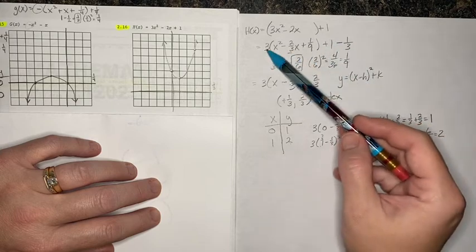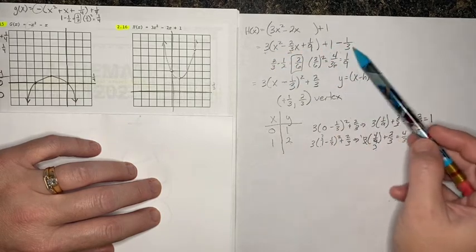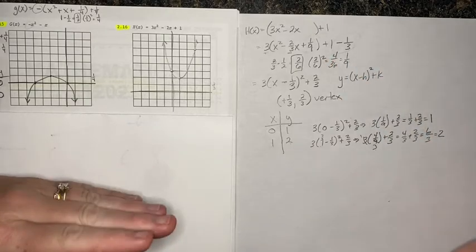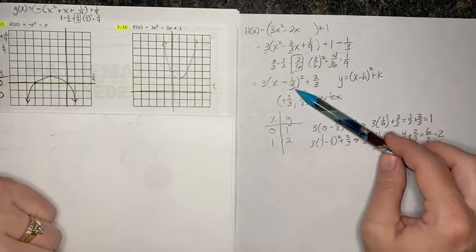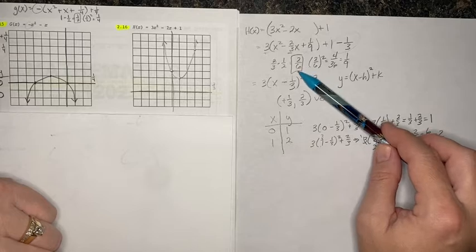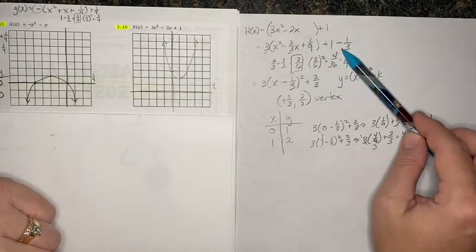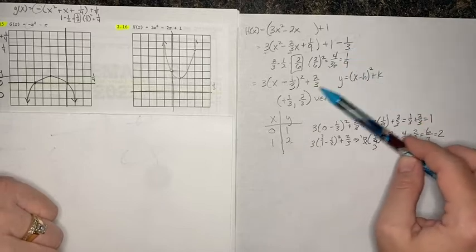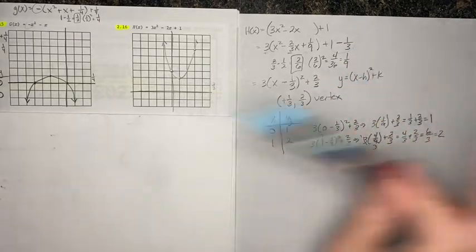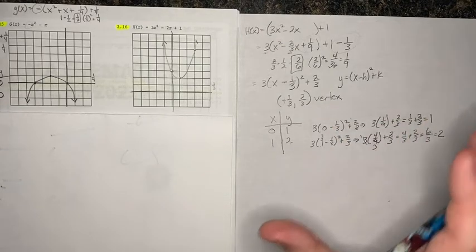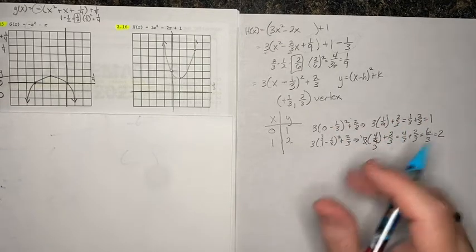We had to times it by 3, and that's how we got a negative. Here we added a positive, and then we have to subtract that same value. Then we can rewrite it like this, using the number we had in our box. And then we added 1 minus 1/3 to get our 2/3. We'll be doing a lot more completing the square as we go forward, so don't get frustrated. If you have questions, let me know.